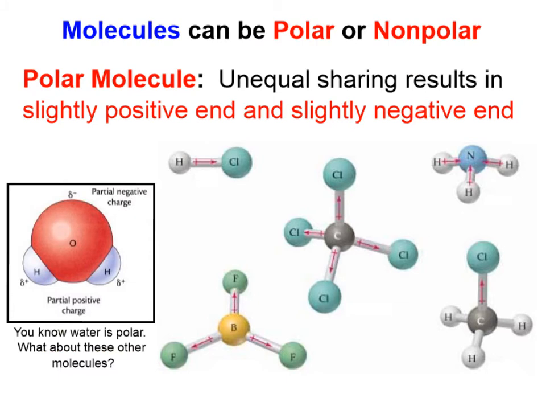We can also talk about molecules being polar or nonpolar, not just their bonds, but the whole entire molecule itself. If we have an entire molecule that is polar, it means that unequal sharing from the individual bonds has resulted in an end or a side of the molecule that is slightly positive and a side that might be slightly negative. So when we look at water, everyone knows water is polar.